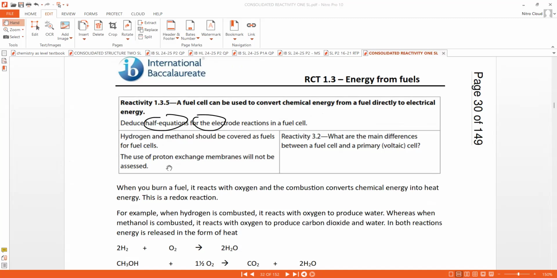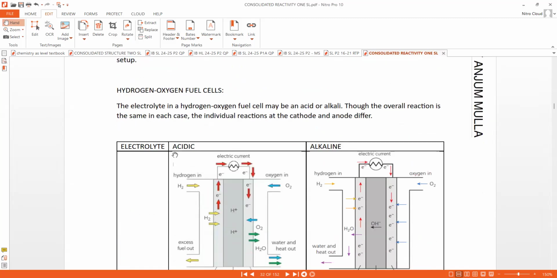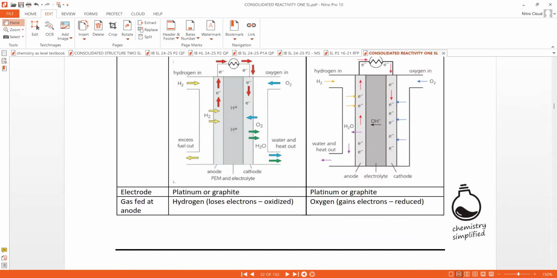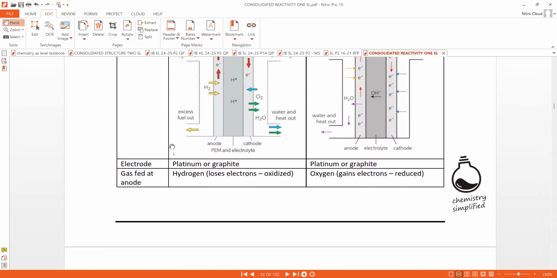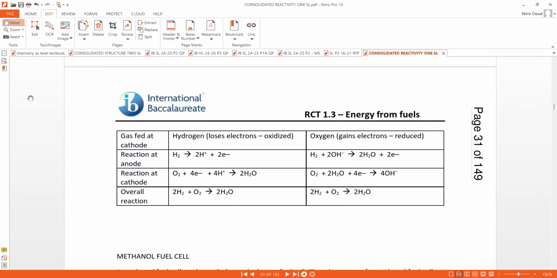at the hydrogen and oxygen fuel cell, and the hydrogen and methanol fuel cell. Now this is the hydrogen fuel cell. These are the reactions that you need to memorize. So this is pretty okay. This you can manage. See, in both the hydrogen fuel cell and the methanol fuel cell, the overall reaction, that is, the combined reaction of cathode and anode, will be the same as the combustion or burning of these substances.